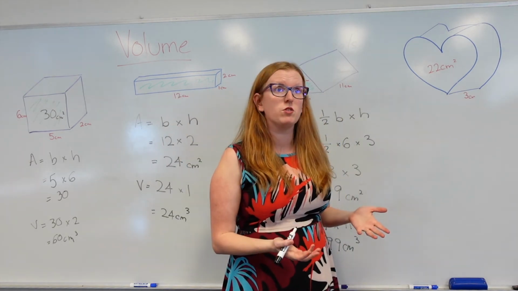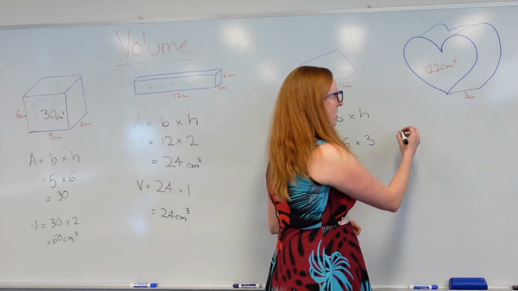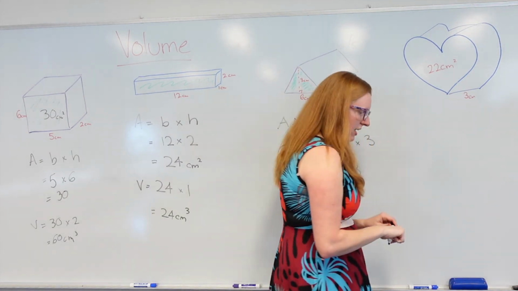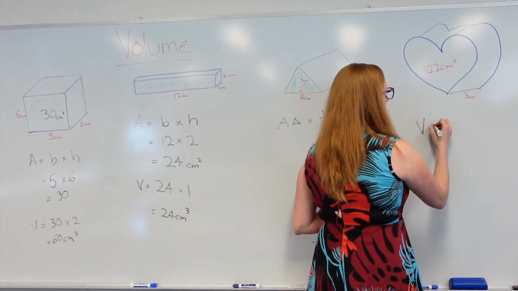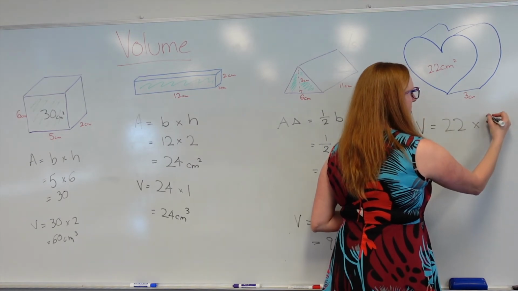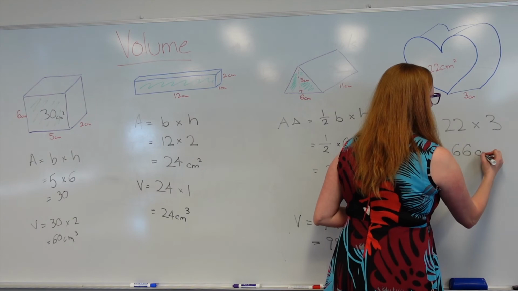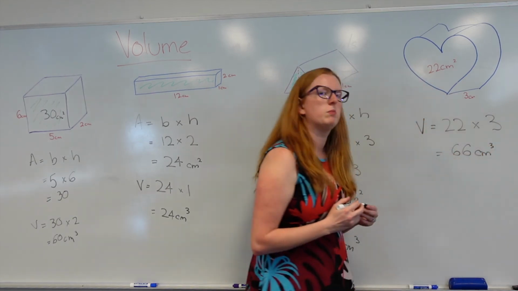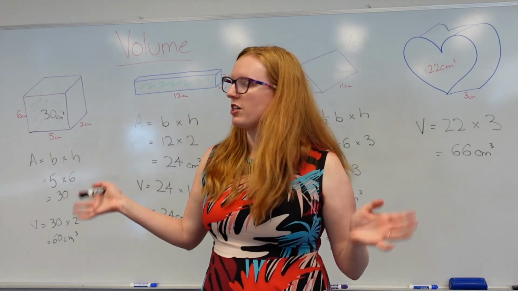So all we have to do now is multiply this with how far the shape has been stretched. So our volume is our 22 times how far the shape has been stretched, so 3. So 22 times 3 gives us 66 centimetres cubed. And that's really all there is to volume of shapes like this.